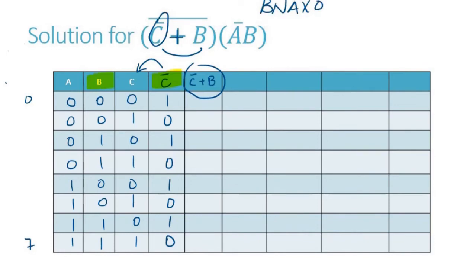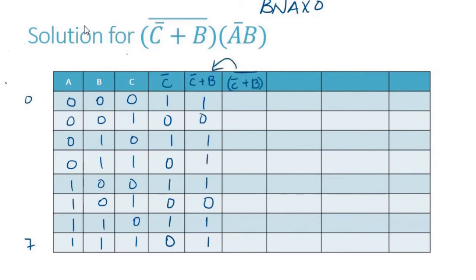As long as we don't have a 0 in both B and the not C column, the output will be a 1. So we've evaluated not C or B, and now we need to find its negation. So it's the negation of not C or B, and that one's easy. We'll just look at not C or B and flip all of the digits from 1s to 0s or 0s to 1s.